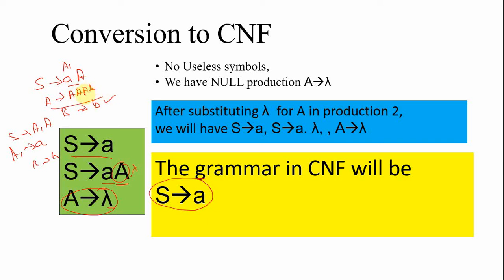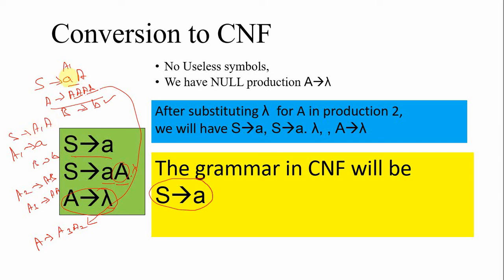So instead of that, we can substitute the variables. For AB we can introduce a new variable A2, and for AA a new variable A3. Now this production will become A gives A3 A2. So that will solve a lot of problems.